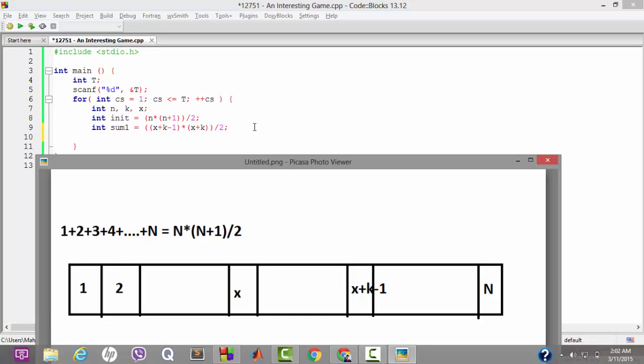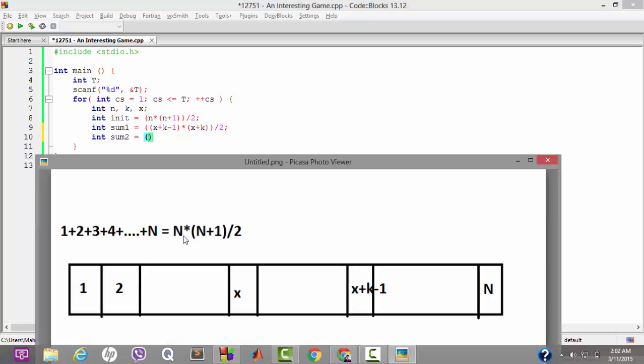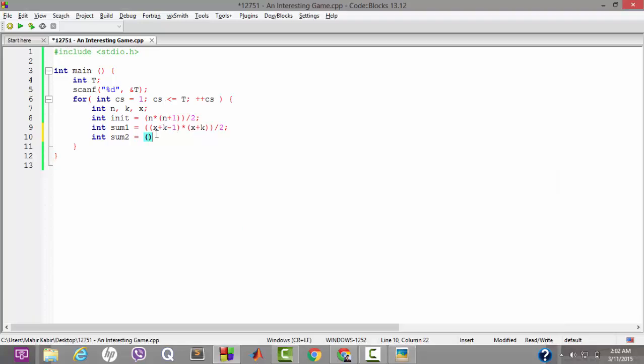Now that we have that summation, we will need the summation of 1 to x minus 1. Let's call it sum2. Here in place of capital N, we will write x minus 1. So x minus 1 into x minus 1 plus 1, so we can rewrite it as x, and we will divide it by 2.